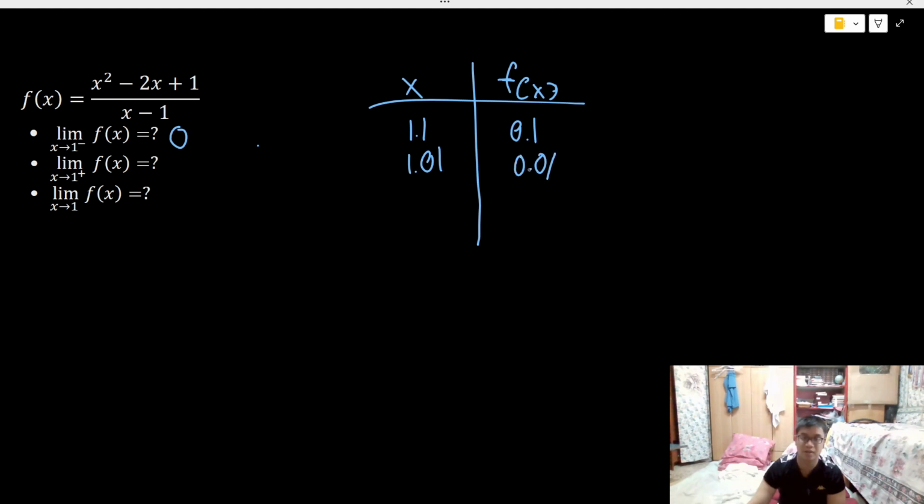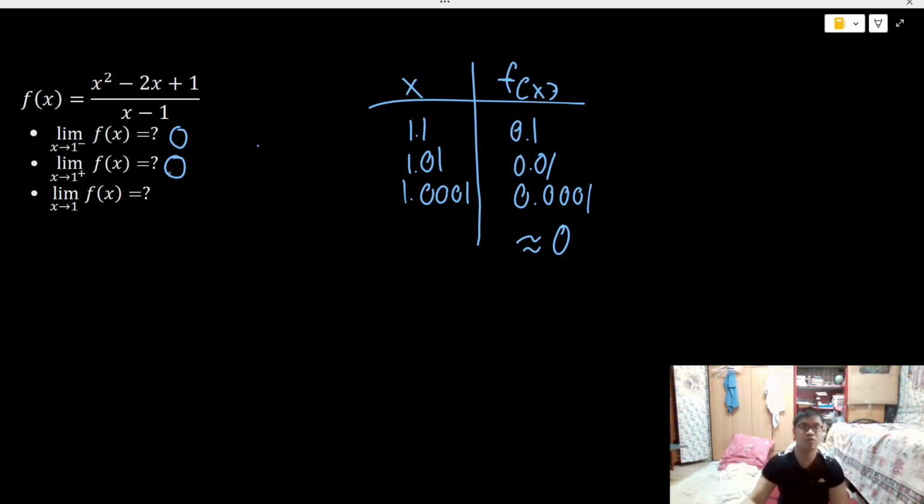0.01. Okay? So let's make it even closer. For 1.001, you will have 0.0001. So as our x values approach 1 from the right, you have these results, and these results approach 0.